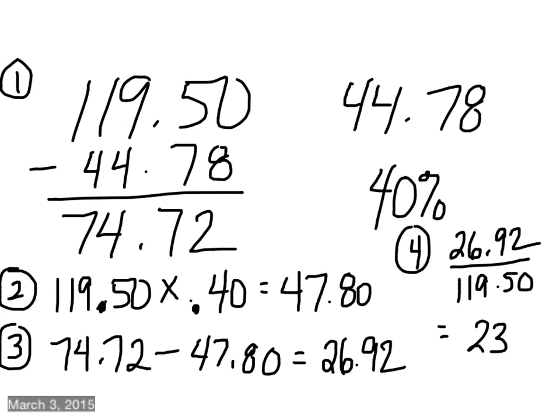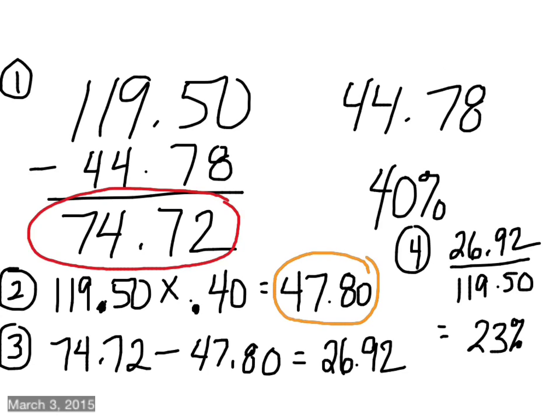Now, just so that you guys have this idea, in the directions it asks for the markup, which is what I just circled there. It'll then ask you for the overhead, which is that number there. It will then ask you for the net profit, which is that number there. And it will also ask you for the net profit rate.